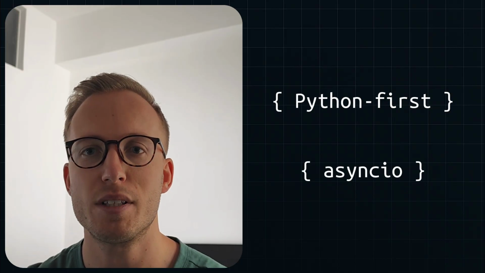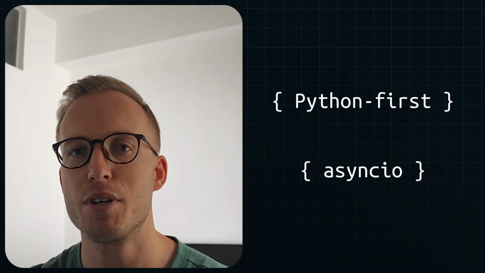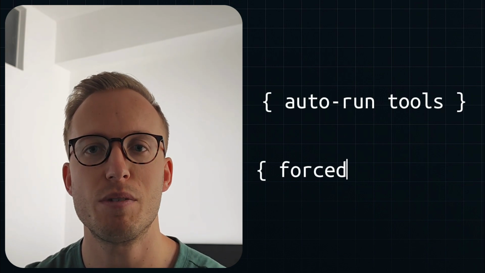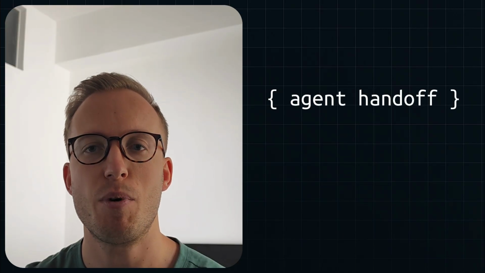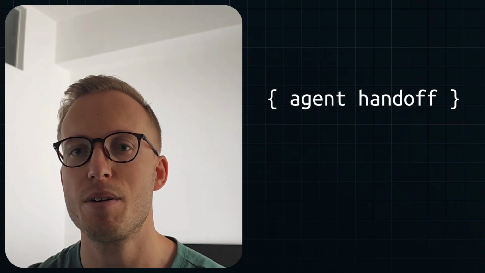It handles tool calls, LLM reasoning, and workflow control without you having to manage any of that complexity. You can either let the LLM decide which tools to use in auto mode or force specific tools when you need deterministic behavior.